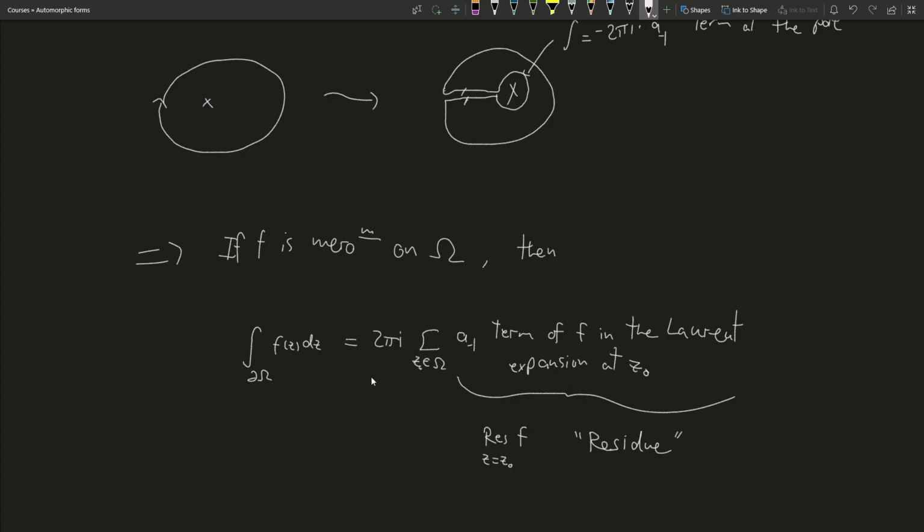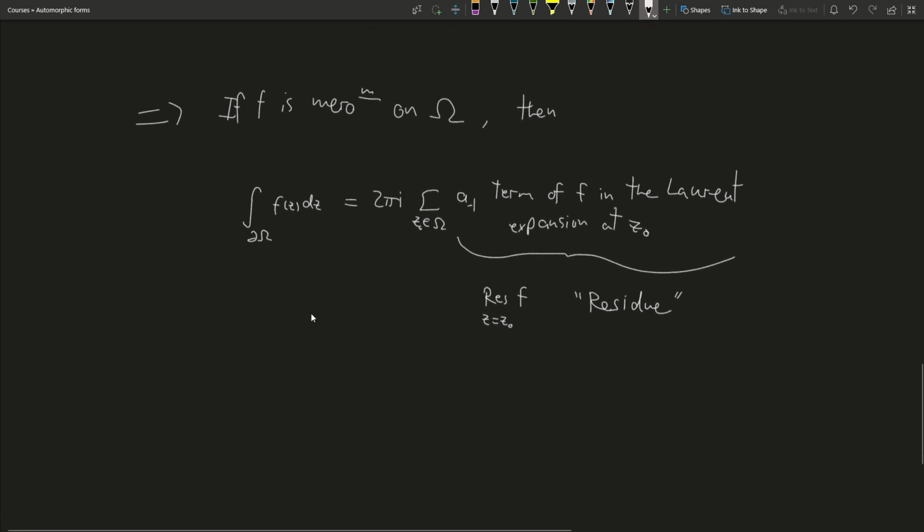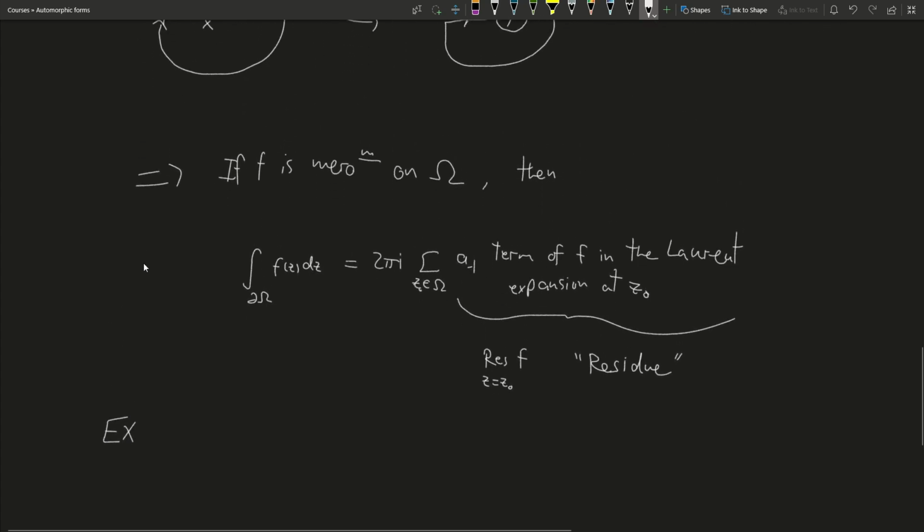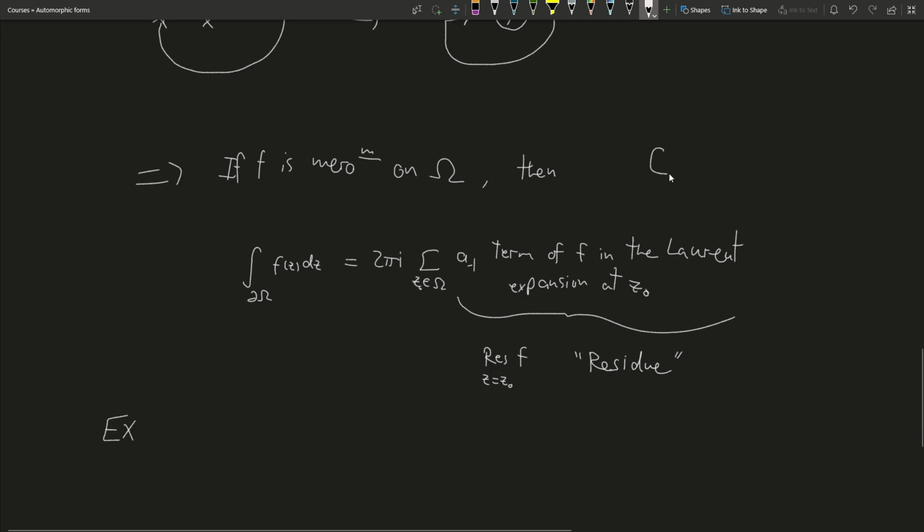Okay, so this is just a great way to evaluate integrals of meromorphic functions. So I'm going to give an example of how you would use this fact. So this is called Cauchy's residue theorem.